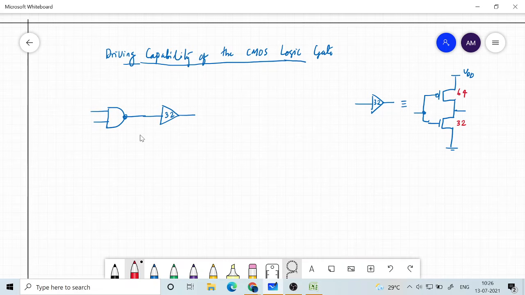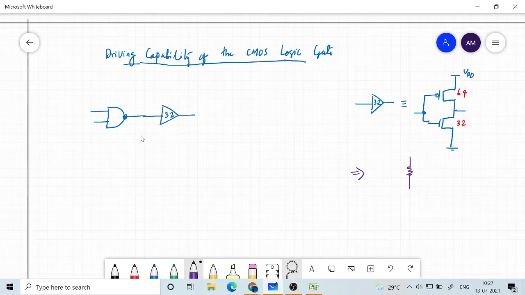Now the delay of this inverter, due to the parasitic capacitance and parasitic resistance, will be the same. Because if you draw the equivalent circuit of this, I will have a resistance.